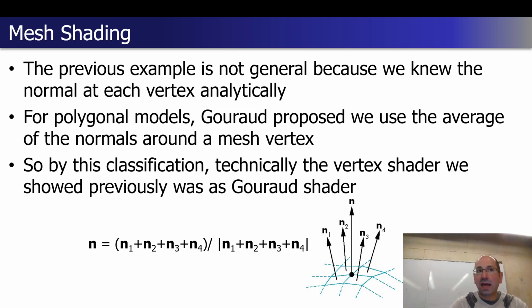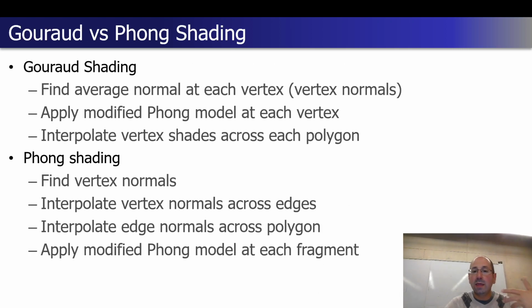And mathematically, what does it mean for a fragment to have a normal associated with it? I don't think you have to have an intuition for that, but just recognizing that it gives us a gradient of normals across our polygons. That allows for different normals on a per fragment basis. That should lead to a maybe significantly different gradient of color as we do our lighting calculation in the fragment shader itself.